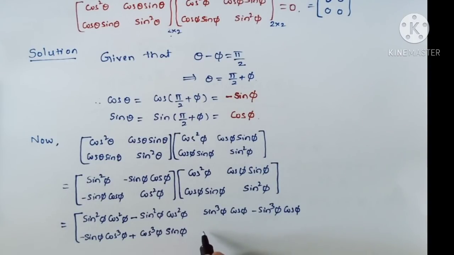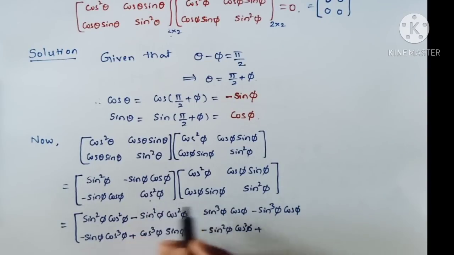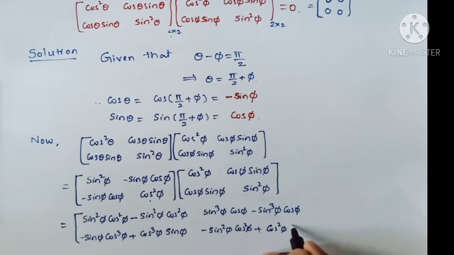And next, minus sin phi cos phi into cos phi sin phi, that is minus sin square phi into cos square phi, plus cos square phi into sin square phi.